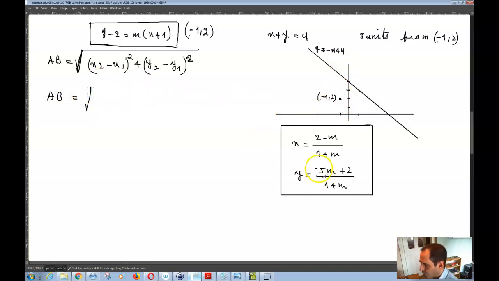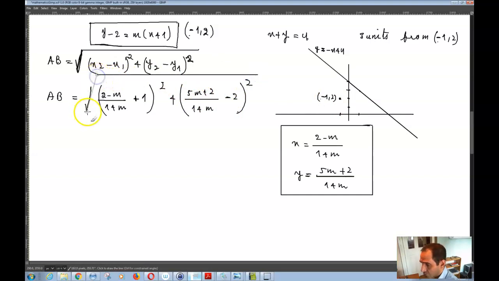So the square root of, taking this as 1 and 2, x2 minus x1 would be 2 minus m over 1 plus m minus 1, whole squared, plus y2 minus y1, so 5m plus 2 over 1 plus m minus 2, whole squared, and you want to take the square root of this whole thing.